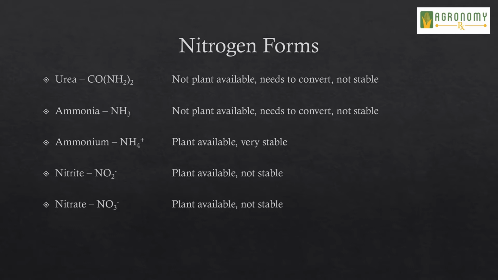Nitrate is the form of nitrogen that we talk about a lot in terms of losing it, leaching down through the soil profile with water. This is plant available, and again, it is not very stable due to the fact that it can leach and move very easily with water.